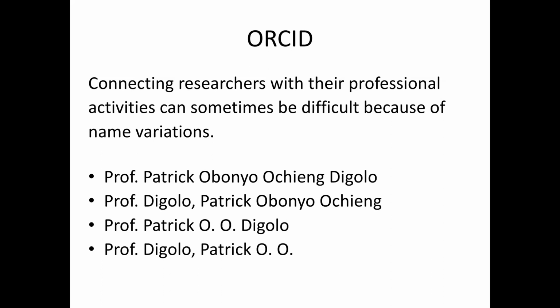And that's where Orcid comes in. Yeah, Orcid is a unique number that will be able to link all of the researcher's works, regardless of how the name appears. The Orcid ID will be able to link all his or her academic output.